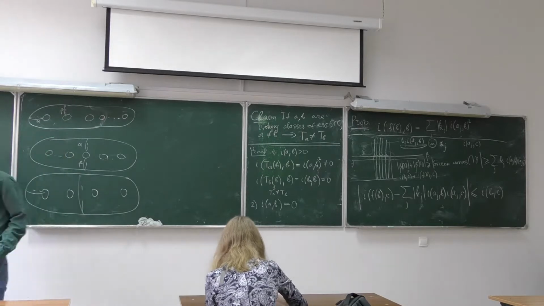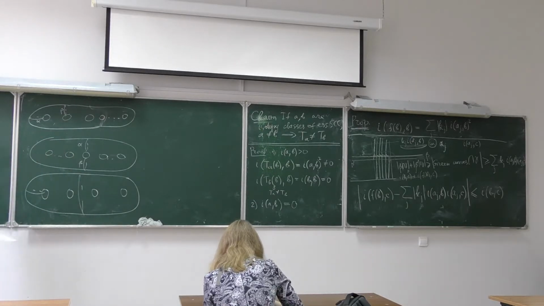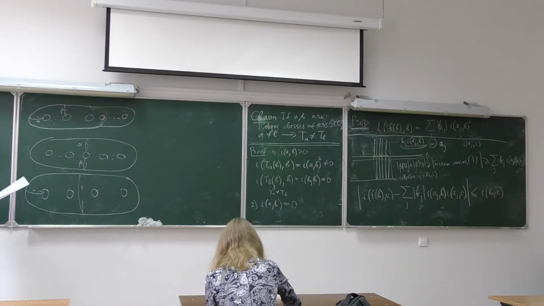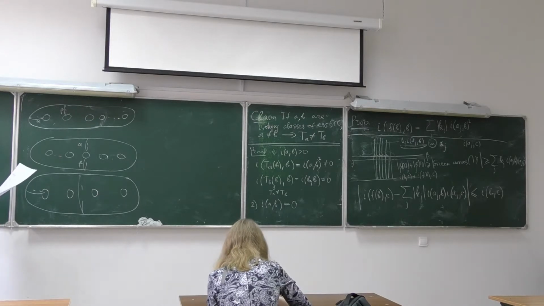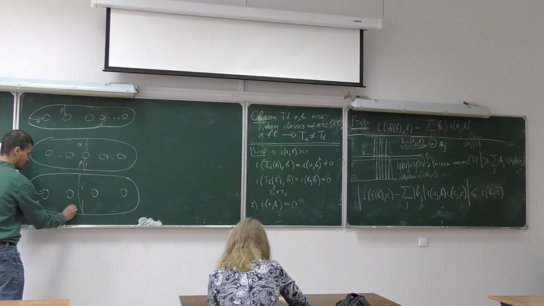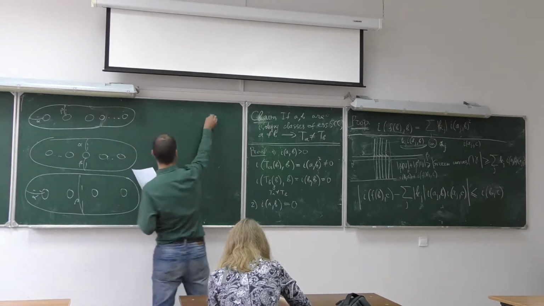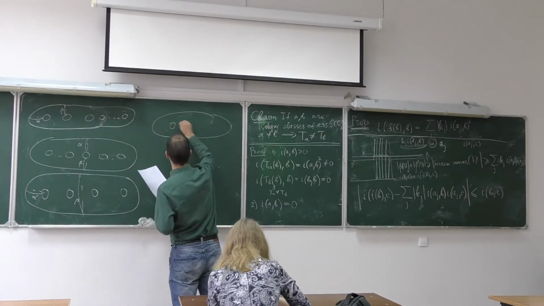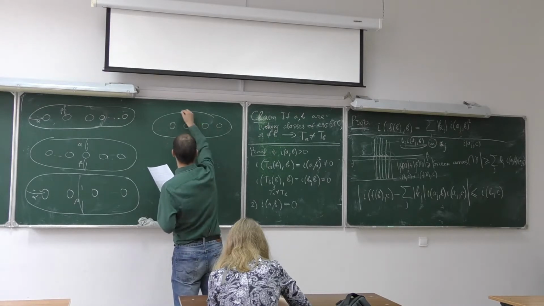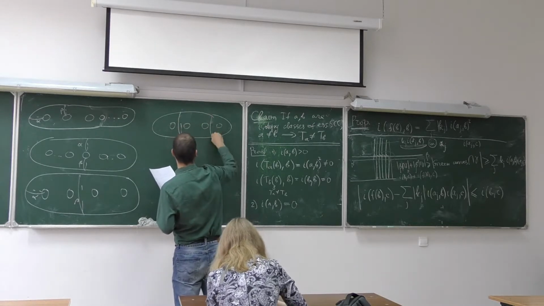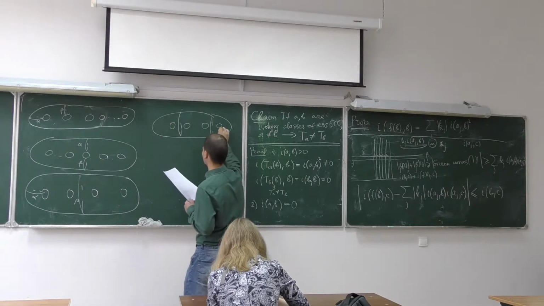Since alpha and beta, it is not important for me which one is alpha and which one is beta, we can rename them if needed. And the last possibility is that both are separating. So again, we have several possibilities for genera here.